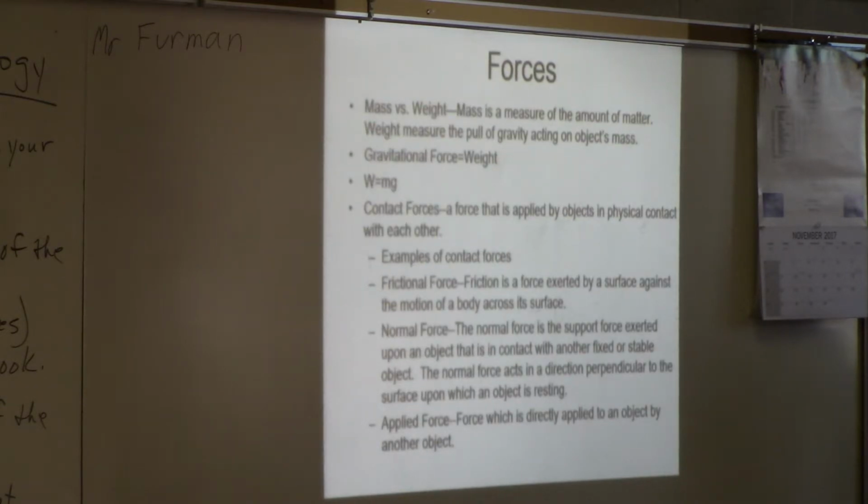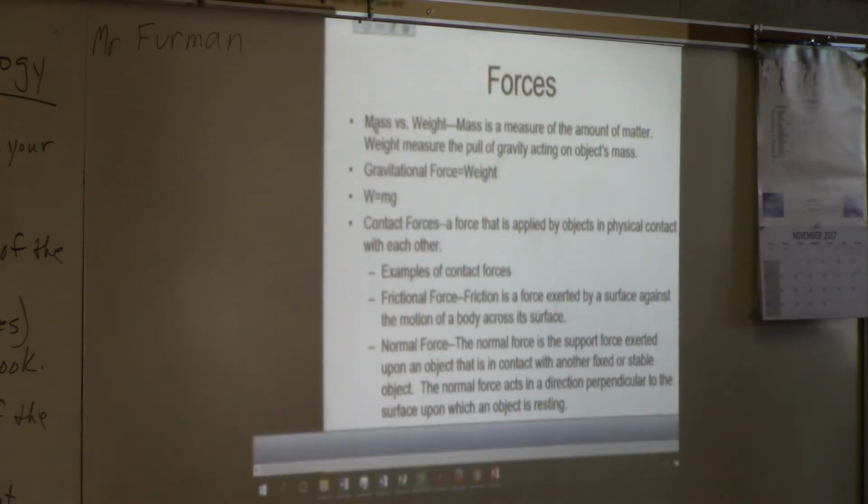Mass versus weight is a common type of question. The mass is just the amount of matter in an object. It does not change wherever you go. On Earth, my mass is about 100 kilograms. If I go to the moon, my mass is 100 kilograms. I will weigh differently because weight is a measure of the gravitational force. There's less gravity on the moon, less gravitational force.